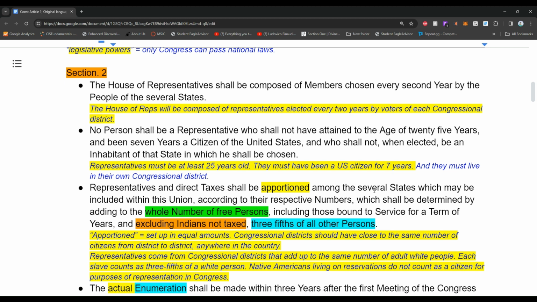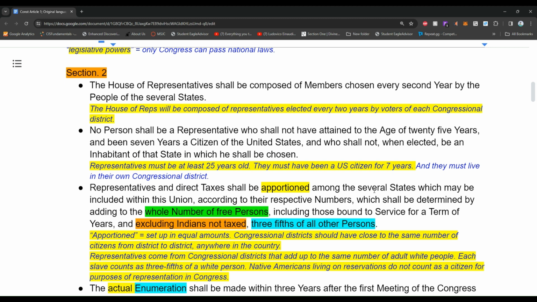But we see in green, orange, and blue highlighting some not so good racism. Now, what those are all saying is we have to add the whole number of free persons in a state to see how many citizens they have.